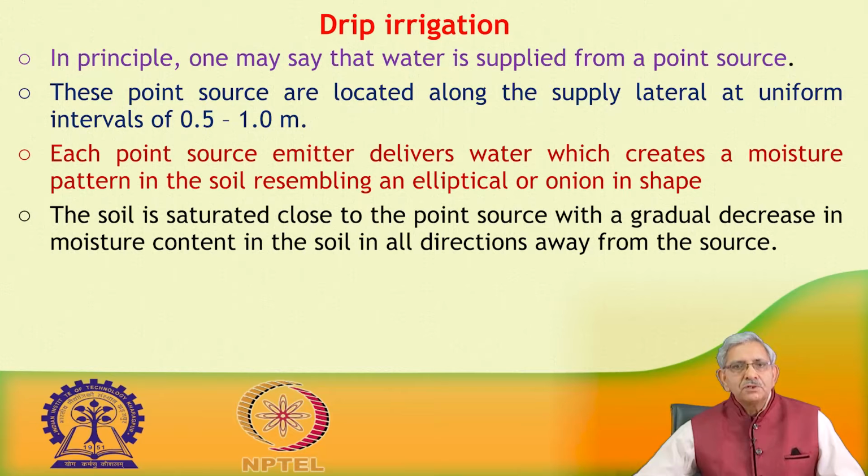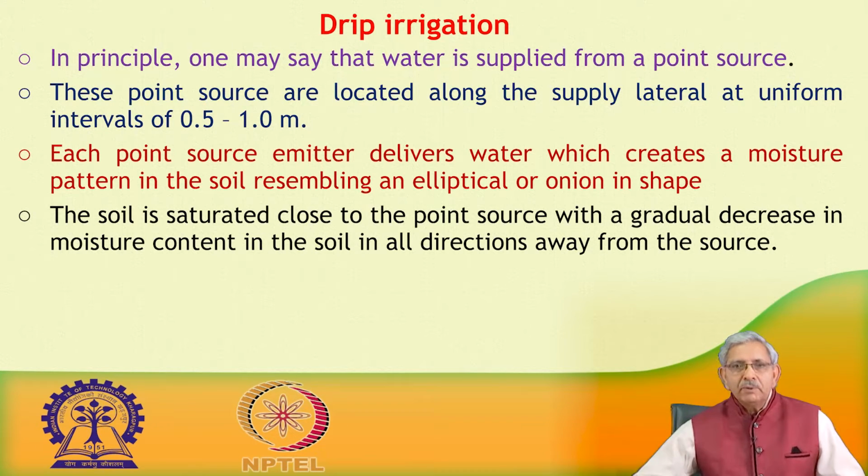Now, each source of water creates a moisture pattern which resembles an elliptical or onion shape.